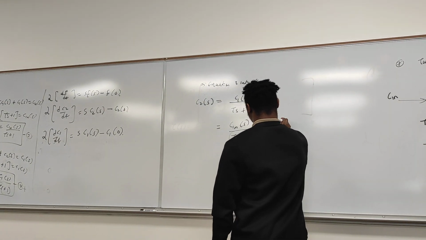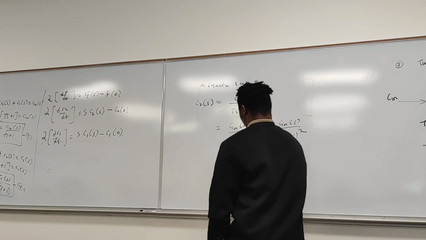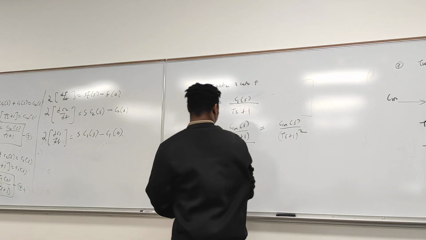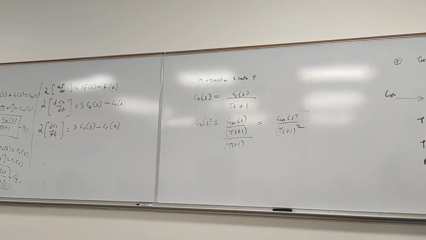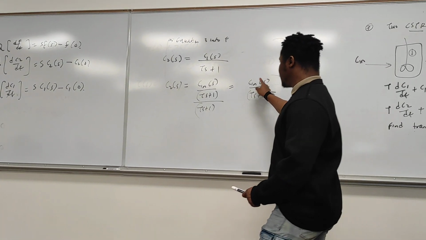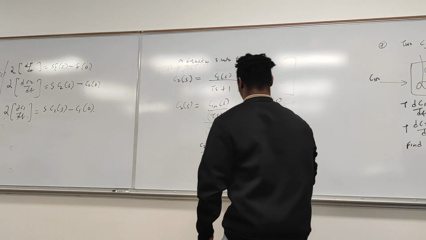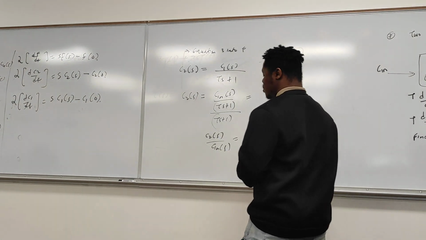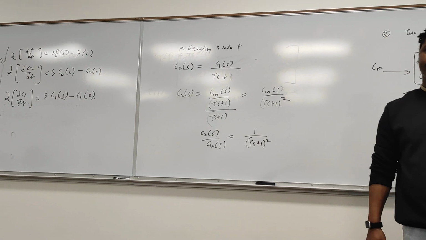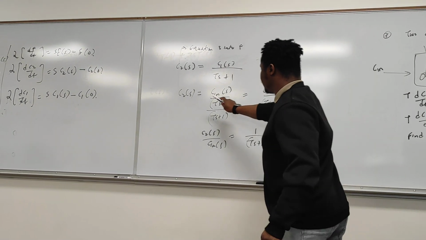So it becomes C in of S over (tau S plus 1) squared. That's C2 of S. But the question is asking us to find C2 of S over C in of S. So it becomes 1 over (tau S plus 1) squared. So that's the first part. All I did was bring this to this side.